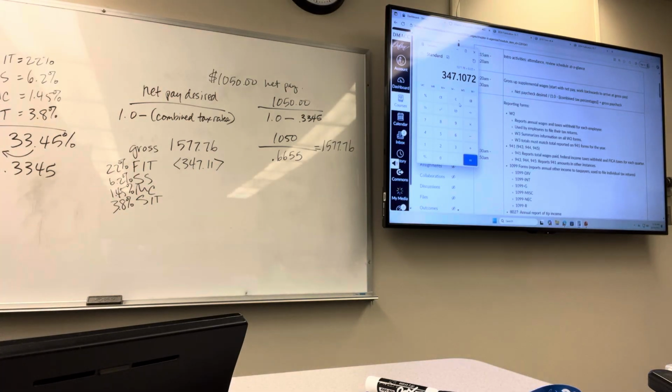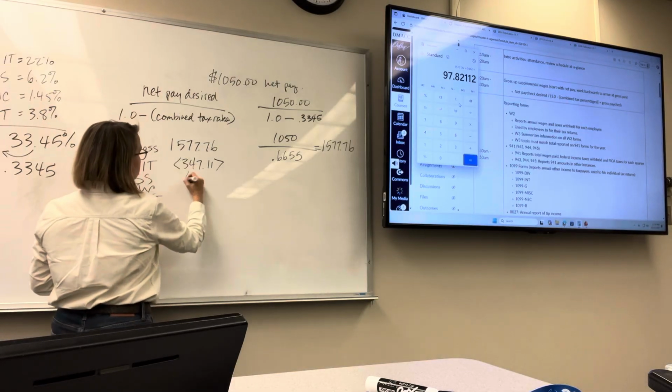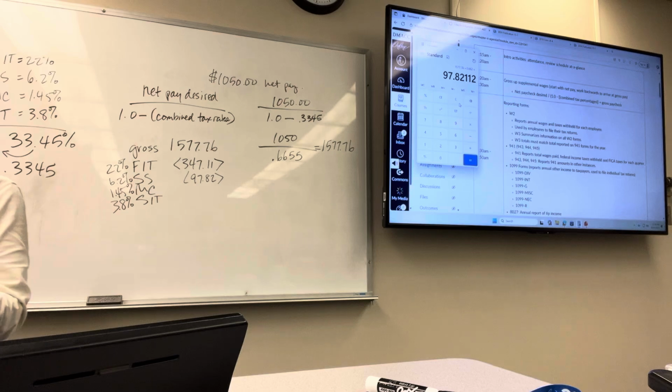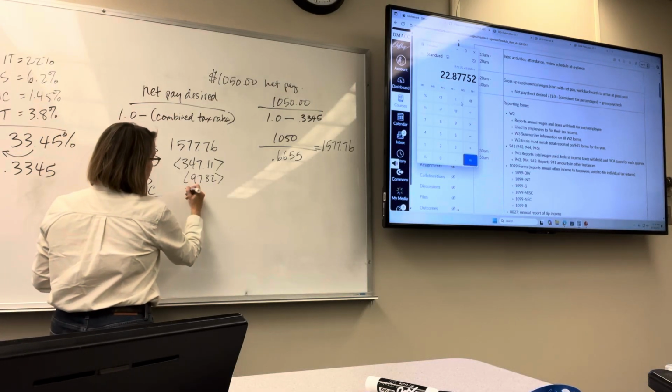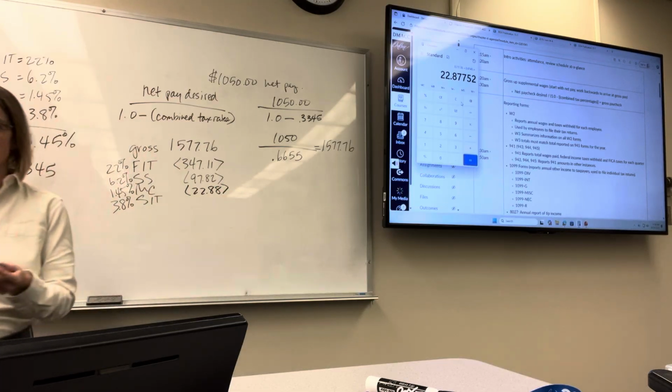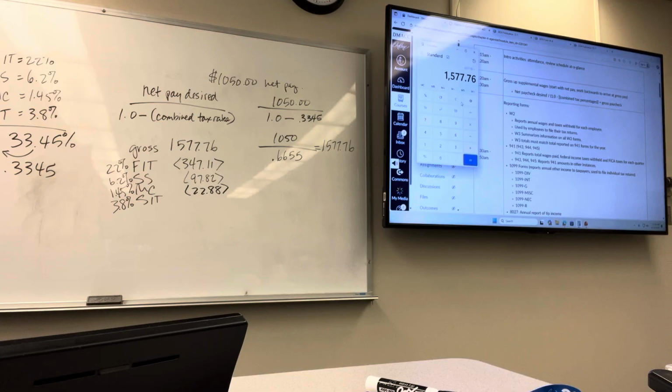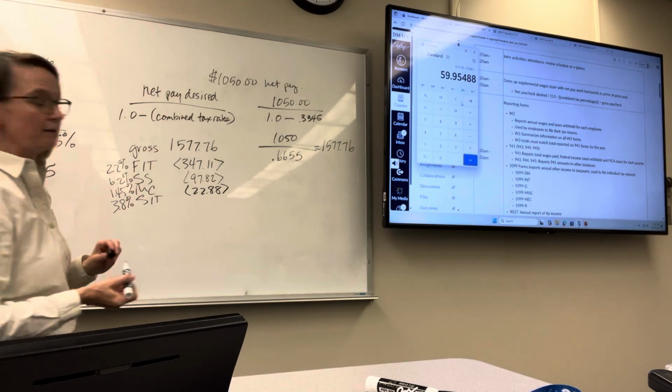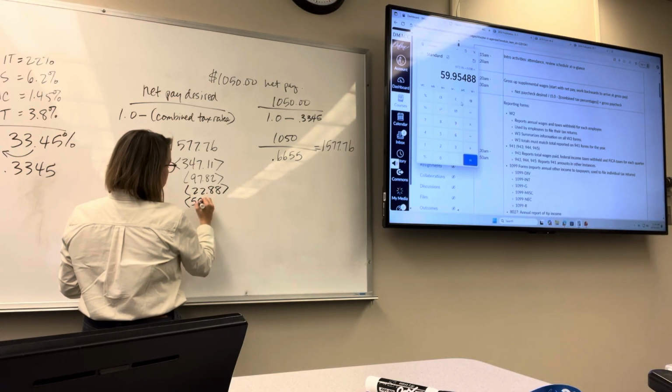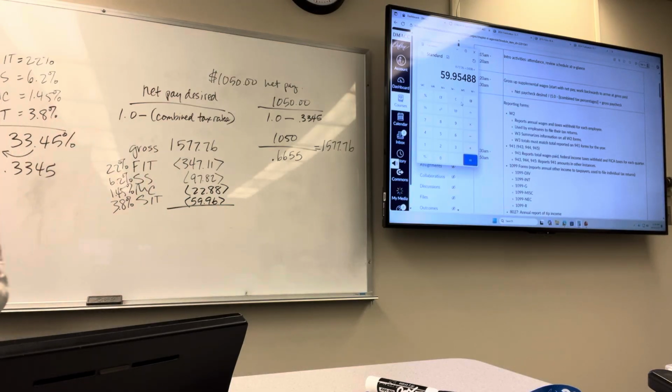So we're going to withhold 347.11 for federal income taxes, 97.82 for Social Security taxes, $22.88 for Medicare taxes, and $59.96, rounded, for state income taxes. And then we do the math.